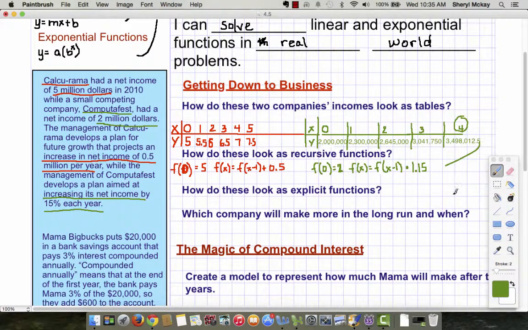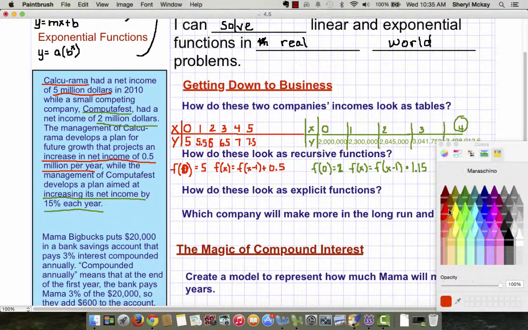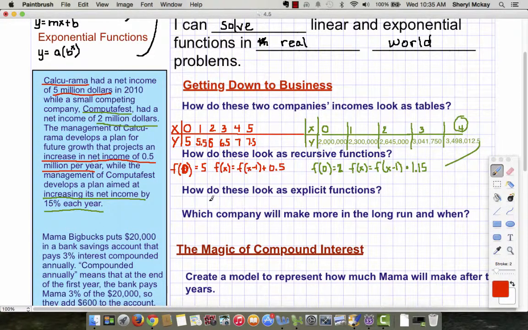All right, let's go ahead and do an explicit function for each of these. So the explicit function for good old Calcurama is pretty simple. Let's see, we're going to say y equals, well, what did I start with? I started with 5 million, so I'm going to write over here 5 million, and this time I'll write it out. And I added to the 5 million, $500,000.